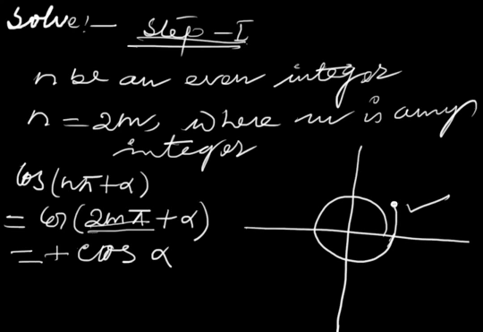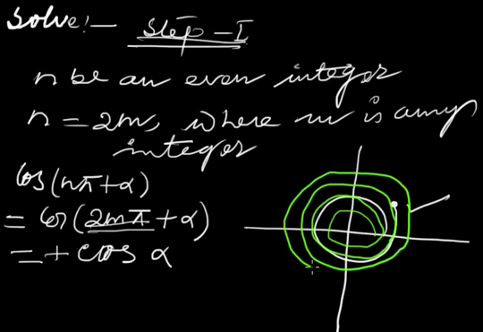If we consider another value of m, suppose 4, then 2mπ is 8π. If the value of m is 4, then this is the value of 8π + α. This one is 2π, this one is 4π, this one is 6π, this one is 8π plus α.